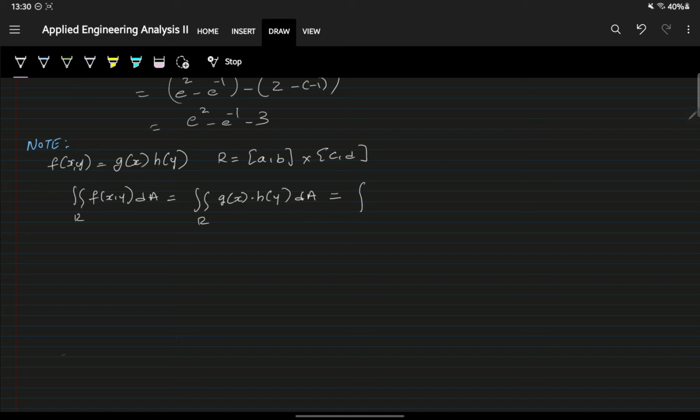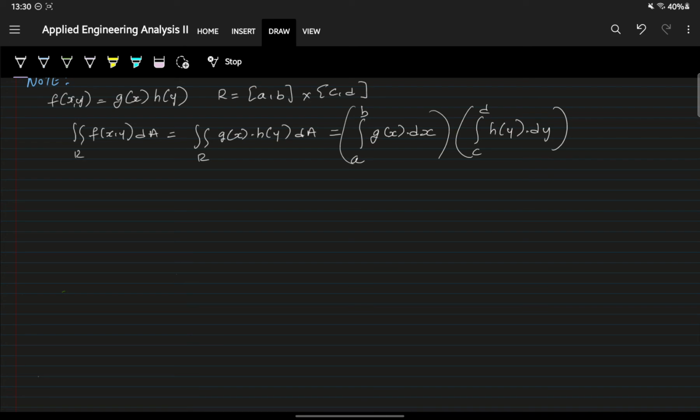This can also be written as the product of the integral of g of x and the integral of h of y. So let us see how this works. Let us take an example.